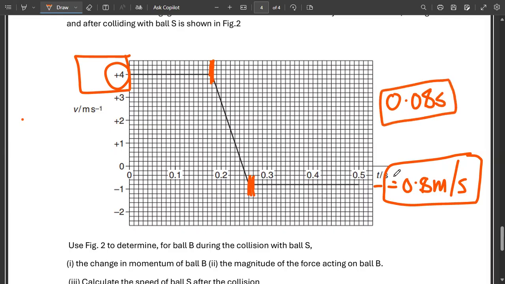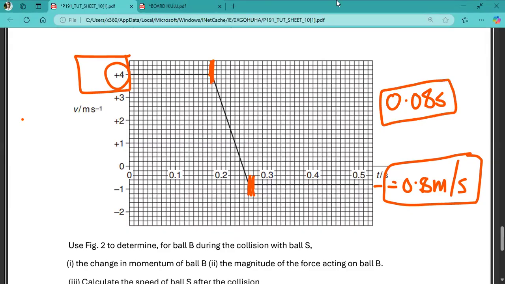Using the scale on the horizontal axis, the time in which balls B and S were in contact during collision was equal to 0.08 seconds. And if we have these three things, I believe we can now get on with our calculation.